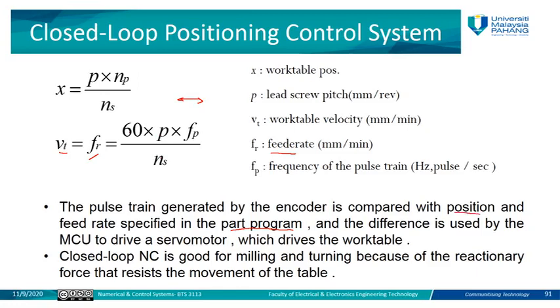Then the encoder compares these two things, the position and the feed rate, and the difference between them represents the error that will be sent to the servo drive. As we said before, it is like a controller for the servo motor, and it is connected with the main control unit, or the machine control unit.